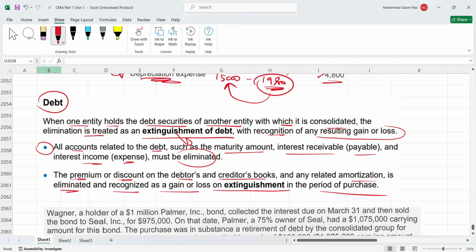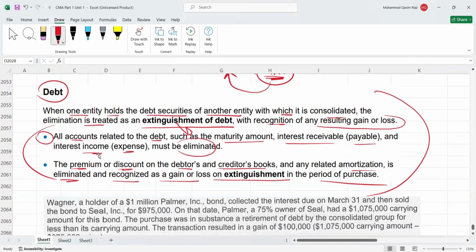If you have any premium or discount on debtors or creditors books, it is also eliminated. But if you want to know the accounting for this extinguishment of debt, I have uploaded a video on YouTube, but that is not relevant for your exam. If you want to see, all these things have been discussed there.